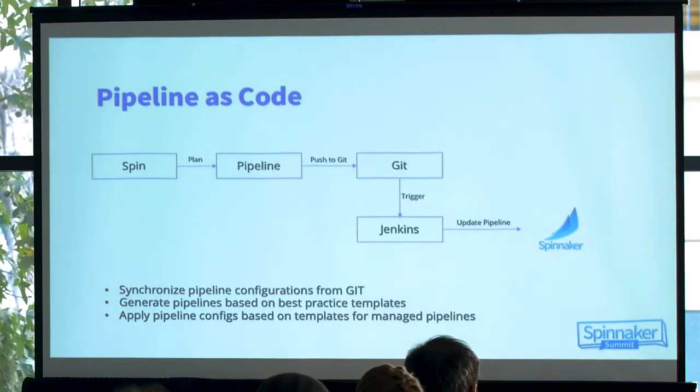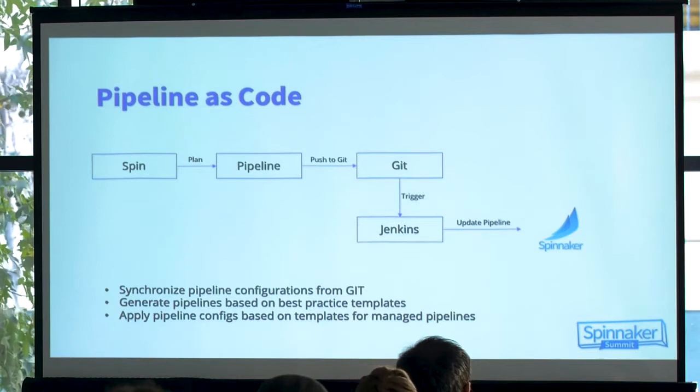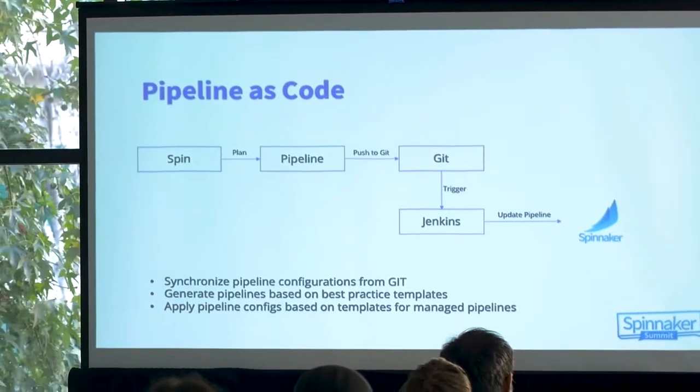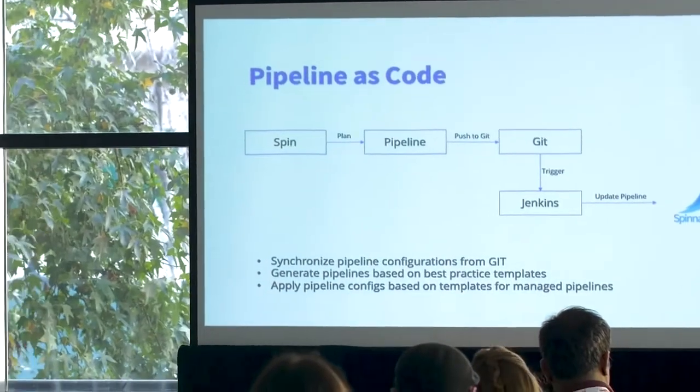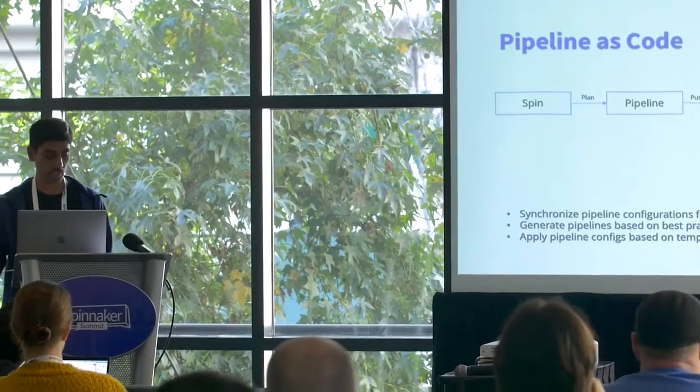The second one is you have the complete JSON of the pipeline that is defined, that you have in the remote repository. Changes to those pipeline definitions will get reflected in Spinnaker through sync with the Git repo. Right? It's a command, so you'll use the Spin API to iterate through those JSONs and apply them.